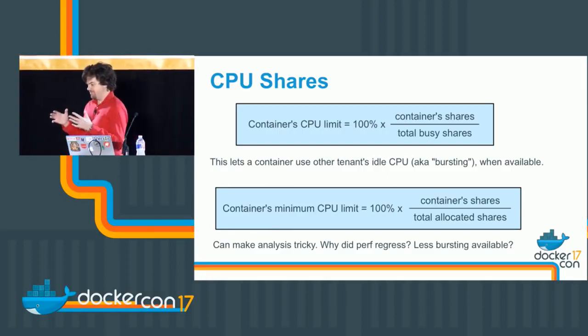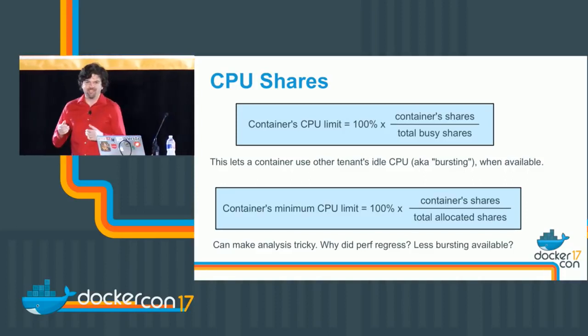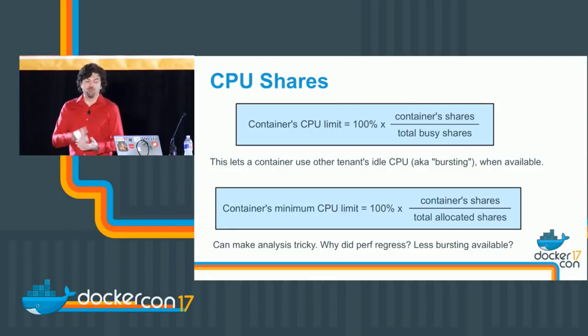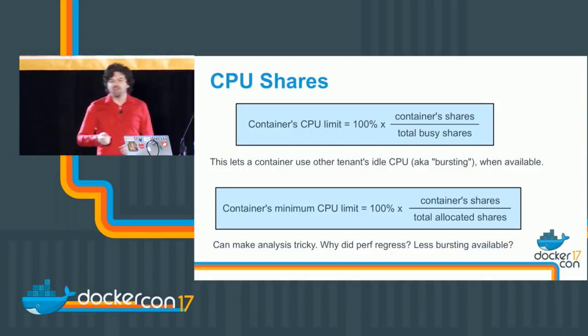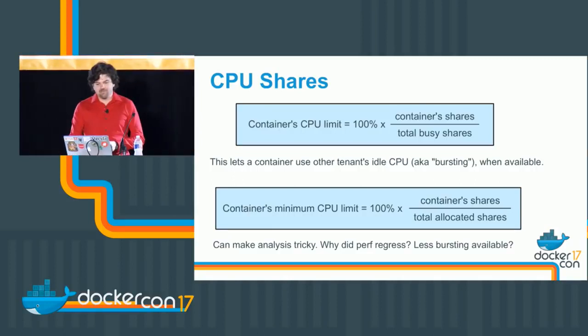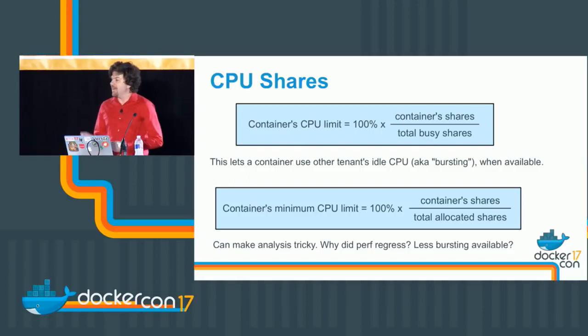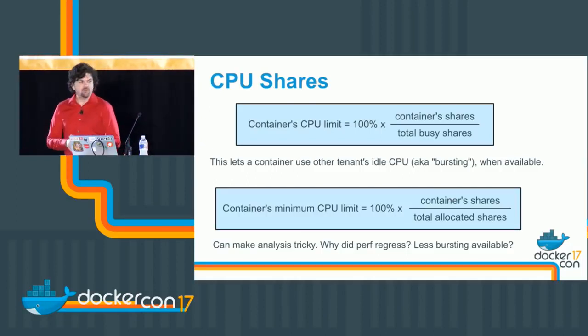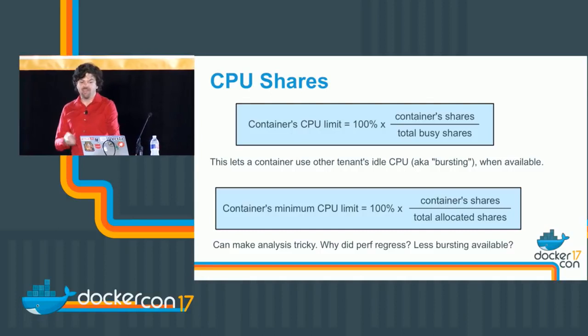Your available CPU for a tenant can decrease. And you might be thinking that it's a problem with your own code, you've just pushed a change, but it's something external to that container. So this can make analysis tricky. Why did performance regress? Was there less bursting available? We call using the CPU beyond that minimum bursting.